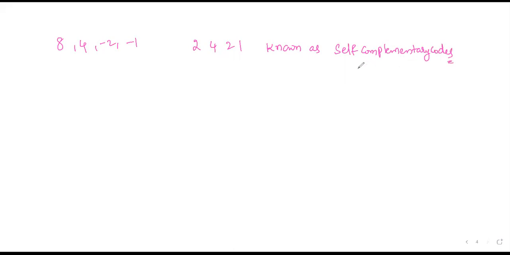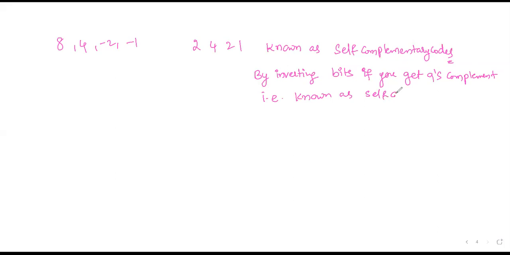What is meant by self-complementary codes? By inverting the bits, if you get the 9's complement, that is known as a self-complementary code.